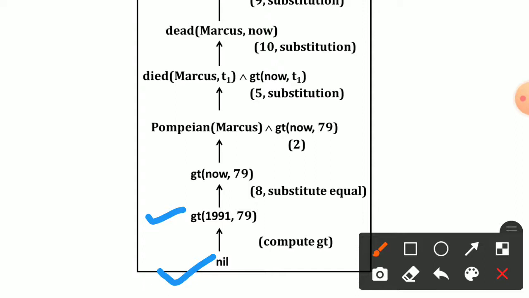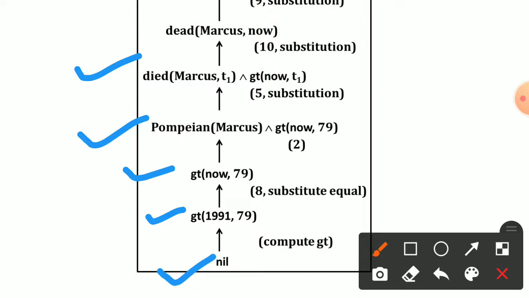Then we find greater than(now, 79). We can substitute whichever solution is possible. Then Pompeian(Marcus) and greater than(now, 72). Marcus was a man and he was a Pompeian, so we can write here and find out his age. Then if he died, died(Marcus, t1) and greater than(now, t1). We can substitute the possibilities and find out the question's answer.